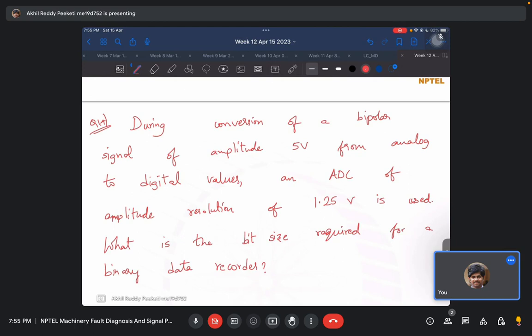What is the bit size required for the binary data record? So here the important things are bipolar, amplitude 5 volts, the resolution 1.25 volts. We are asking the bit size n.